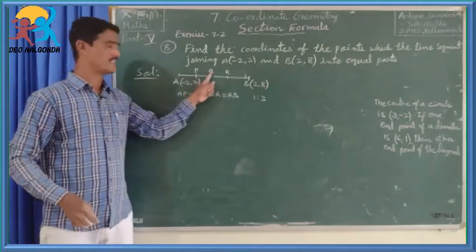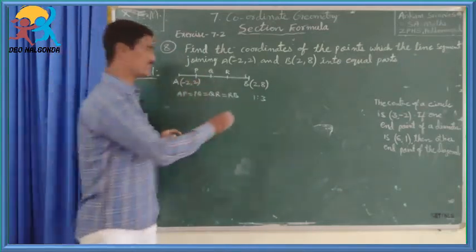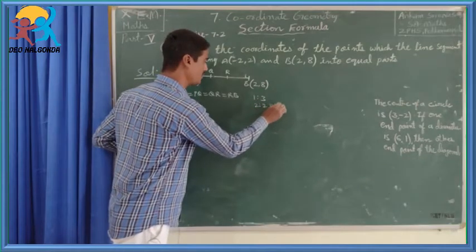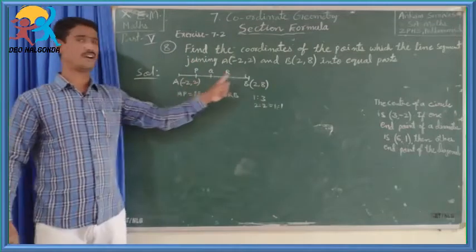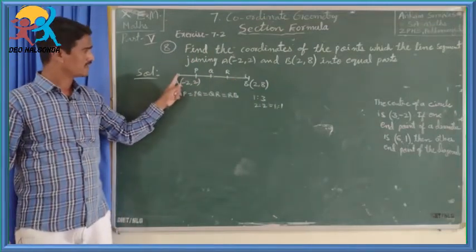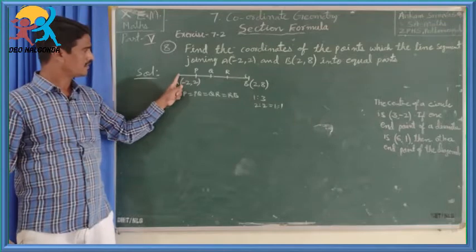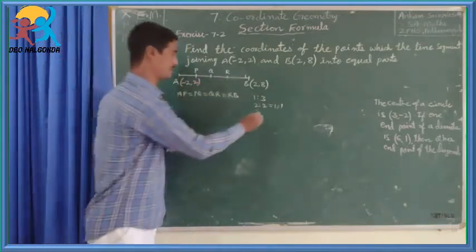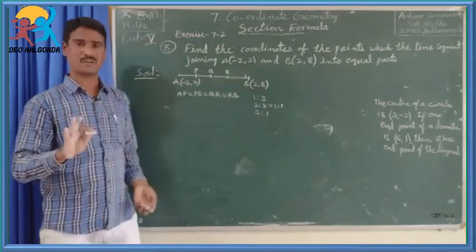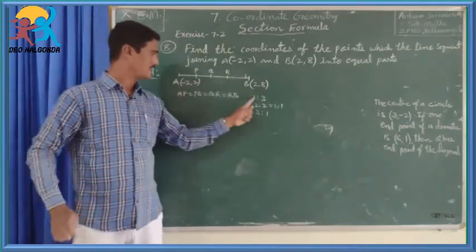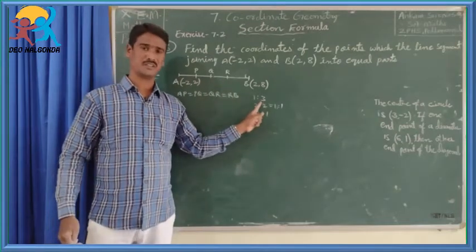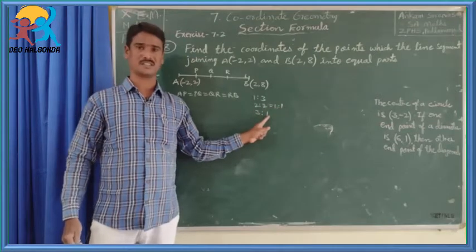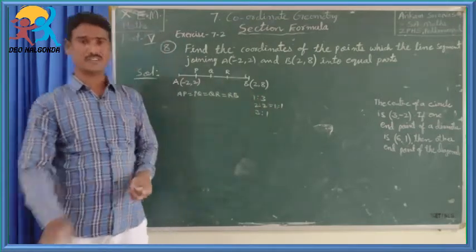To find Q, 2:2, which means nothing but 1:1. And to find R, the ratio divides A to R 3 parts and R to B 1 part. So we have to find the 3 points which divide the line segment in the ratios 1:3, 1:1 and 3:1.